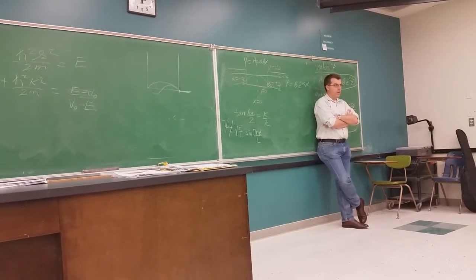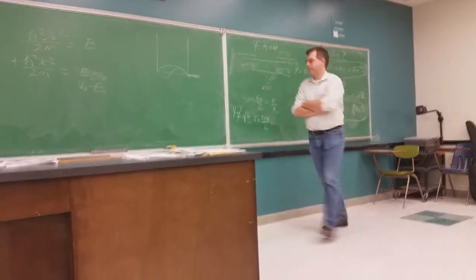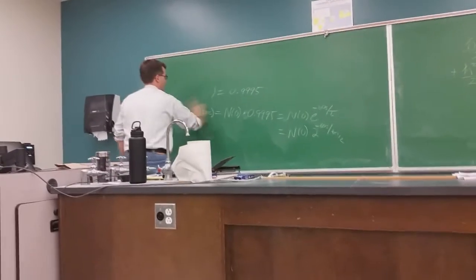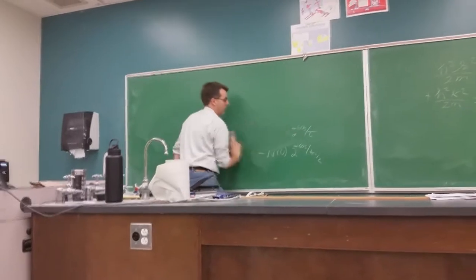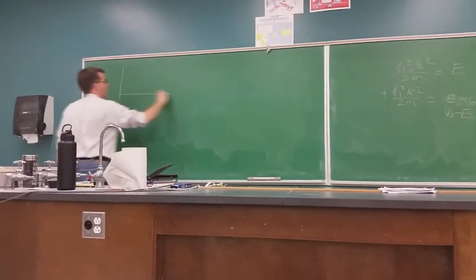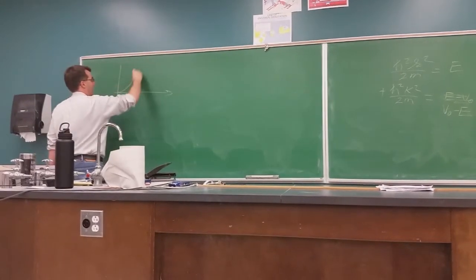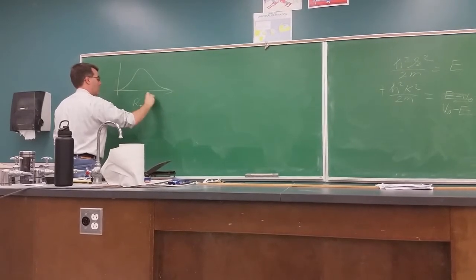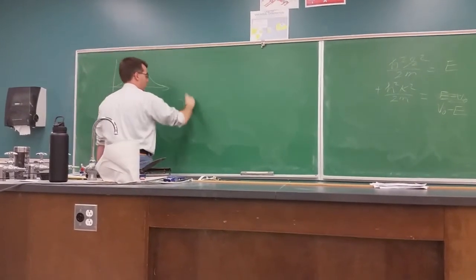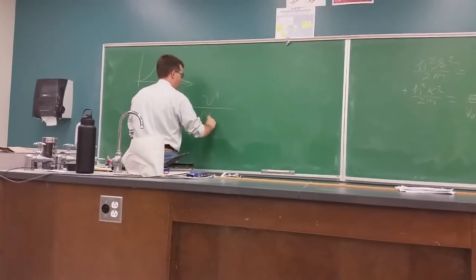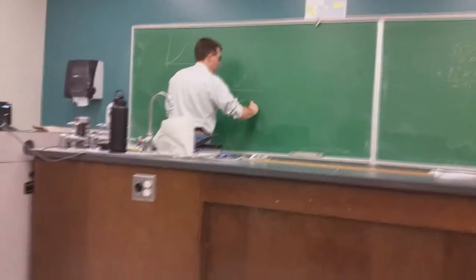Just knowing that the curve in general has this form, R_T of nu is proportional to nu cubed over e to the h nu over k_B T minus 1.